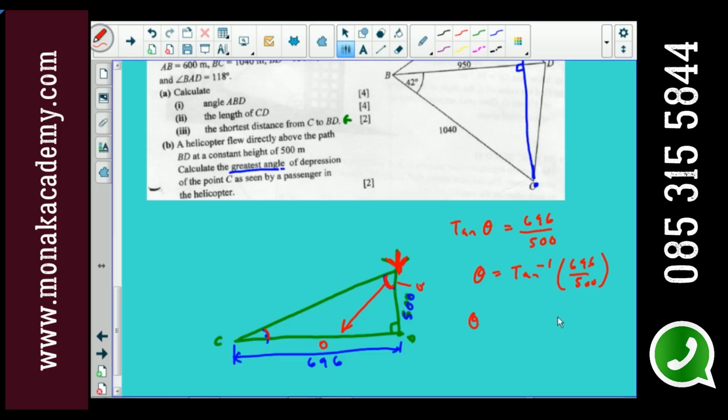And remember, for angles, we round off to 1 decimal place.